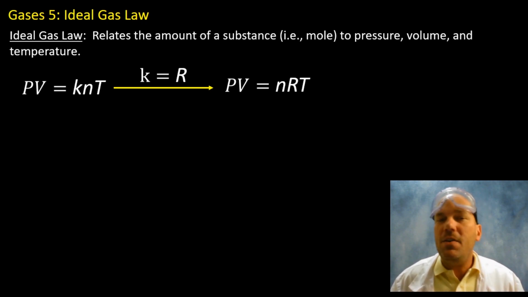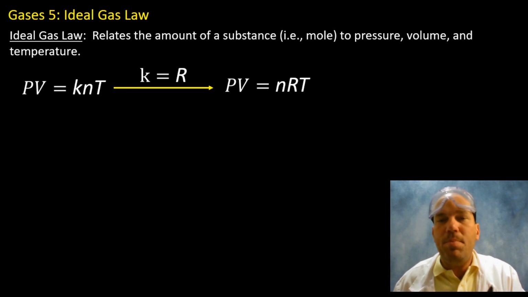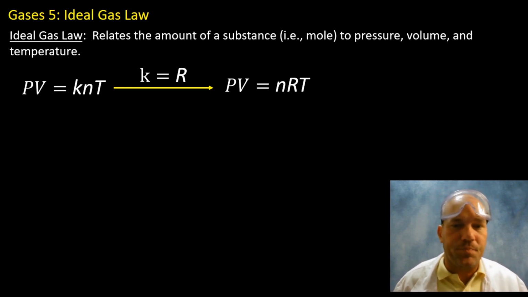So the ideal gas law states that pressure multiplied by volume is equal to the number of moles, represented with a lowercase n, multiplied by the ideal gas law constant, capital R, multiplied by temperature in Kelvin.